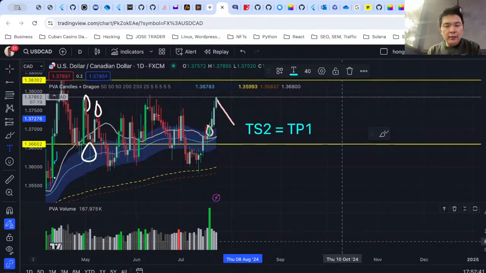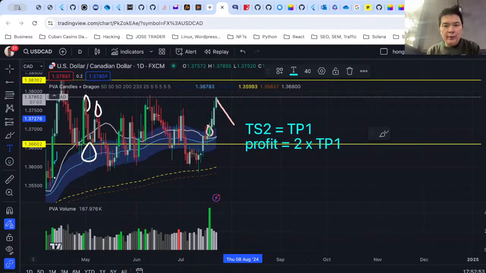So eventually, if this trade goes against your direction, your profit is going to be 2 times the TP1, right? So the amount of money you made at TP1 is going to be multiplied by 2 for your final profit.